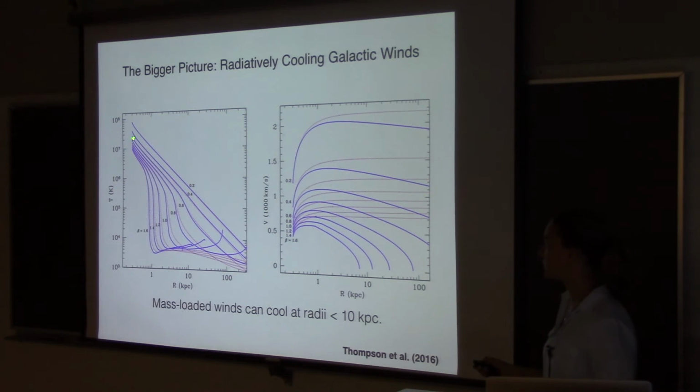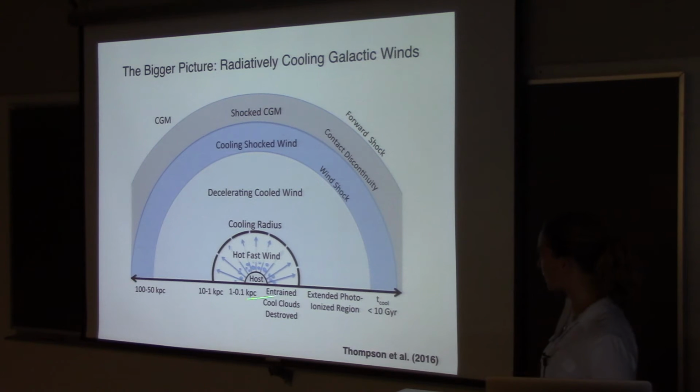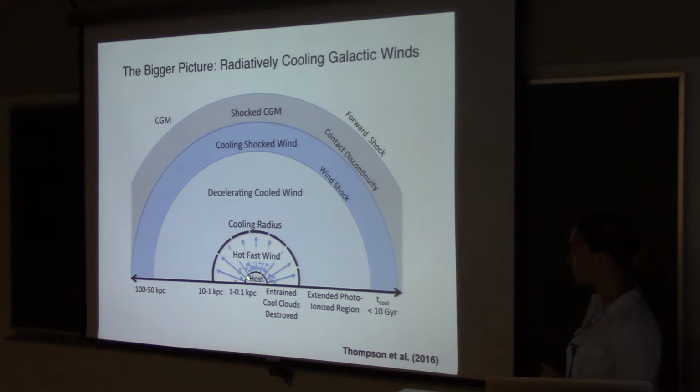And so, this picture depends heavily on how much you can mass load the gas. But in fact, this is sort of a schematic of the process. The idea is that if those entrained clouds, like the ones that I've been showing you in my simulations, are destroyed quickly, and the gas is incorporated into the hot phase, then that's what allows you to cool at these radii from roughly 1 to 10 kiloparsecs.